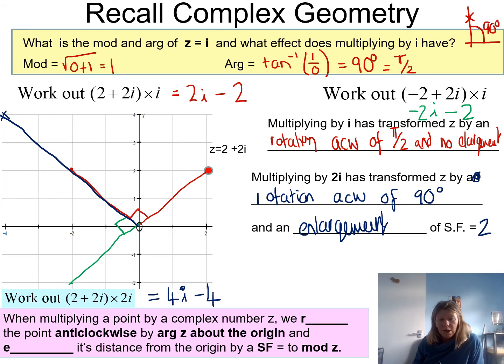So, summary: when we're multiplying a point by a complex number z, we rotate the point anti-clockwise by the arg of z about the origin and enlarge it by its distance from the origin by a scale factor which is equal to the mod of z.